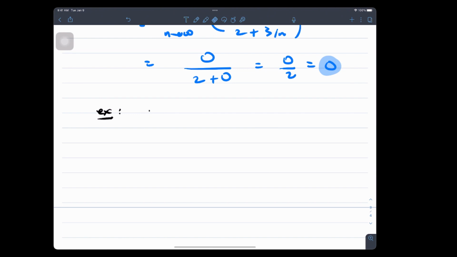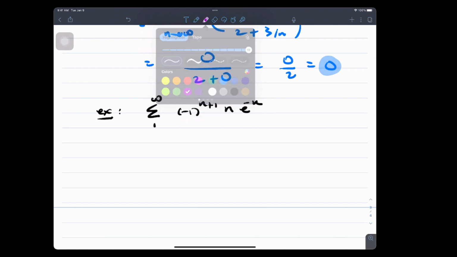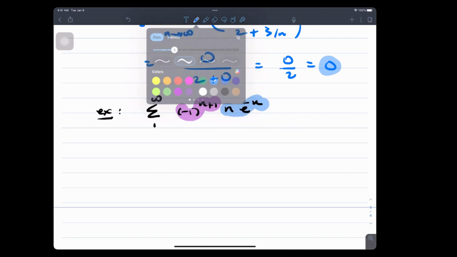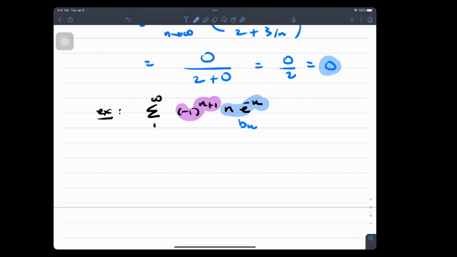Okay, what do you guys think? Is that okay? And you could use L'Hopital's rule as well. You can do that. Okay, so Bn is n e to the minus n.